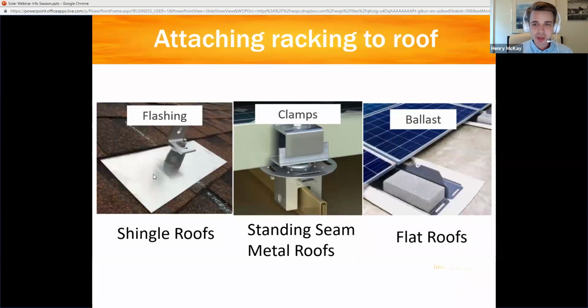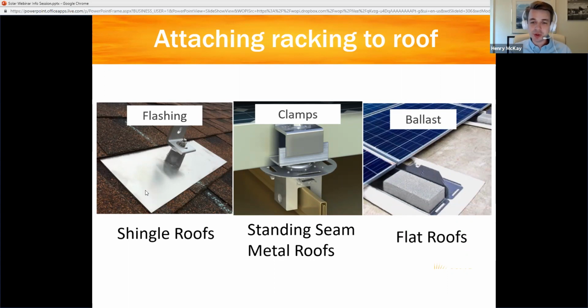And there are lots of different types of racking systems for lots of different types of roofs out there. In Pennsylvania, installers are going to be most familiar with these asphalt or composite shingle roofs. And so you can see in the left here, another example of that sheet of metal, that flashing, protecting the penetration point. But you can put solar on lots of different types of roofs. In the middle is a standing seam metal roof, and you can see in this case the racks are actually clamped onto that standing seam of the roof, so they can do it without any penetration.